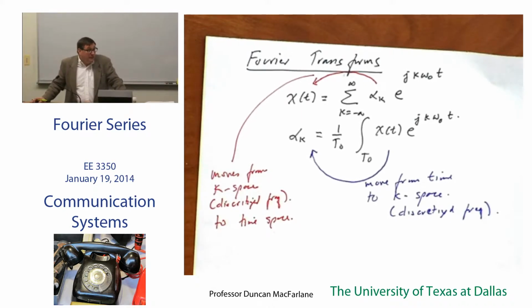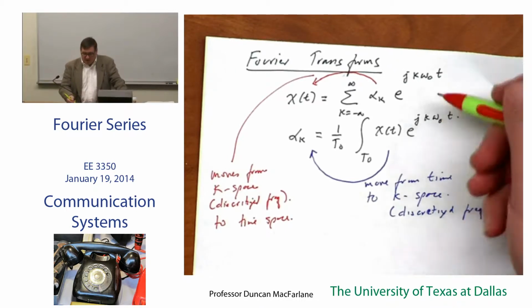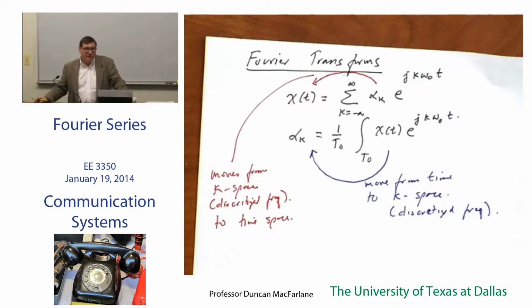That's a big leap of interpretation from what we've done with the Fourier series so far, right? But there's nothing really wrong with that. It's just an observation that comes from writing the Fourier series right next door to the formula for how we calculate alpha sub k.